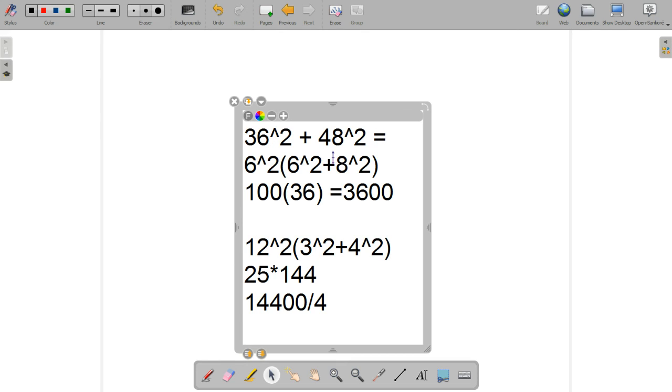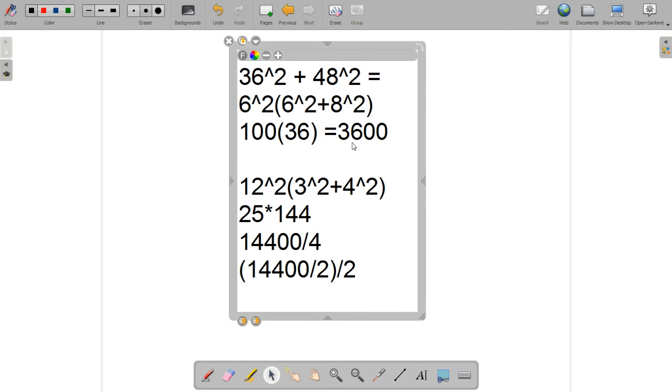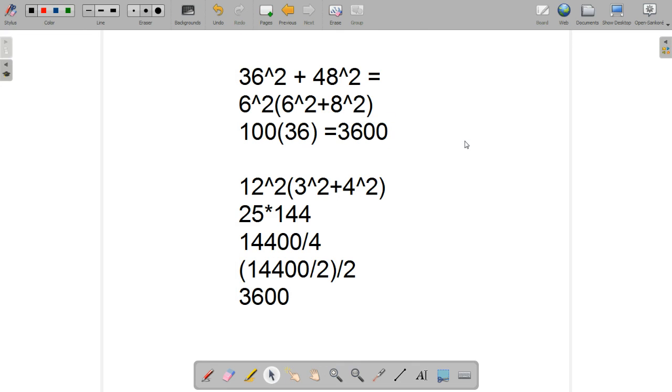But if you still think that's hard, all you're really doing is this: you're dividing by 2, and you're dividing by 2 again. So what's 144 divided by 2? 72. What's 72 divided by 2? 36. So it's just 36. Oops, 3600. Which matches this one.